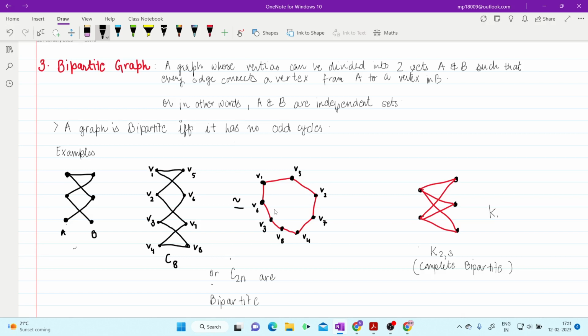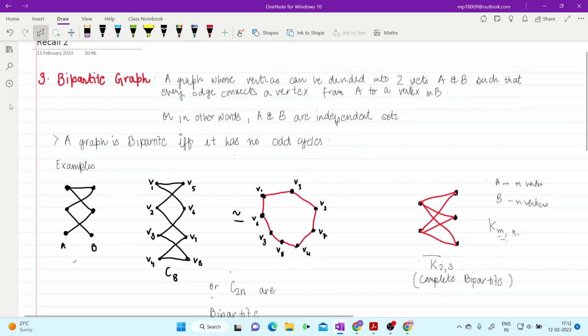Kmn is a graph on m plus n vertices, where A has m vertices and B has n vertices, and all possible edges go from A to B. That is, any vertex in A is attached to any vertex in B, but there are no edges within A or B. Here you can see an example, K23: A has two vertices, B has three vertices, and all possible edges go from A to B. Hence it is a complete bipartite graph.